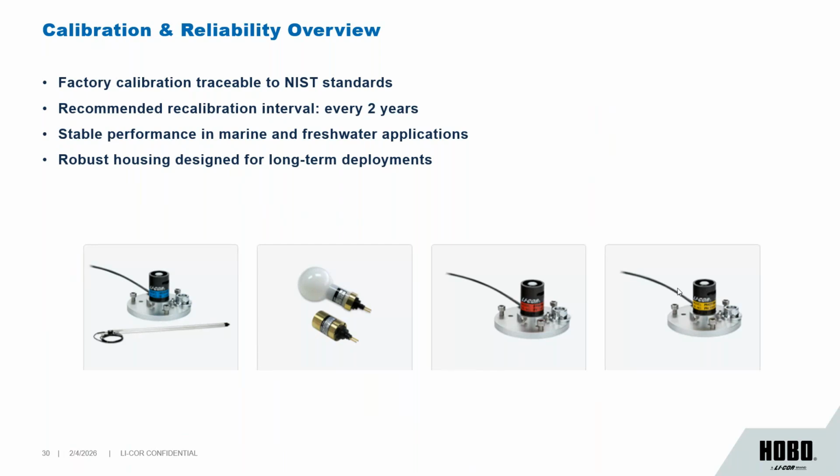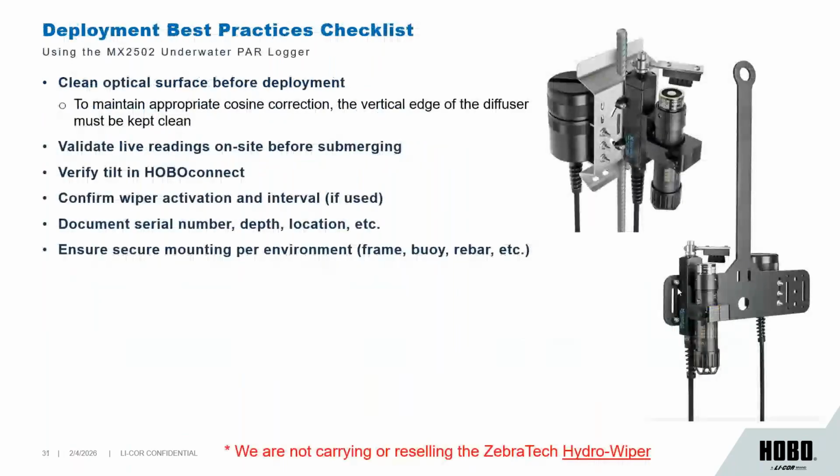So to build on that, calibration is important. I would also say that deployment best practices matter as well. This checklist just highlights a few essentials. Keeping the optical surface clean preserves that cosine response, as Elizabeth mentioned earlier.